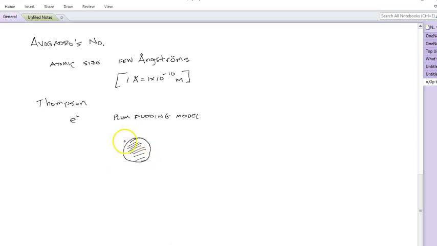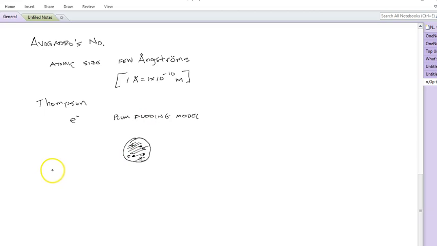So this whole volume, the pot, is filled with this positive charge stuff. That's the pudding. But embedded in this pudding, you have the negatively charged electrons, and those are the plums. So again, the positive charge is spread out over a volume with a diameter of a few angstroms for typical atoms, and embedded in this are the electrons. So that's the plum pudding model. I like to think of it as the chocolate chip cookie dough model.